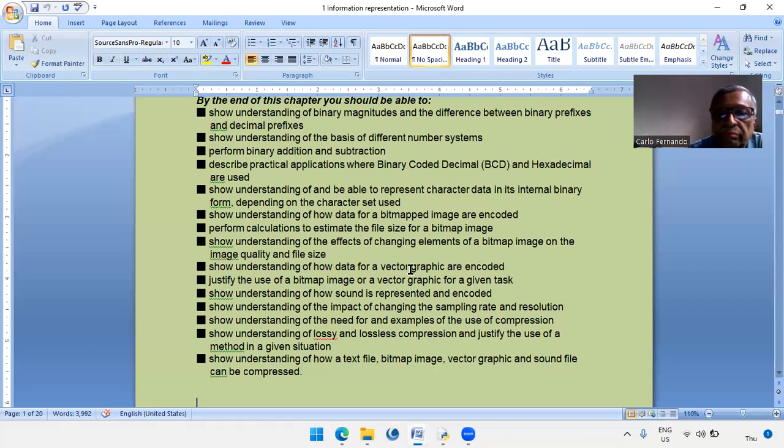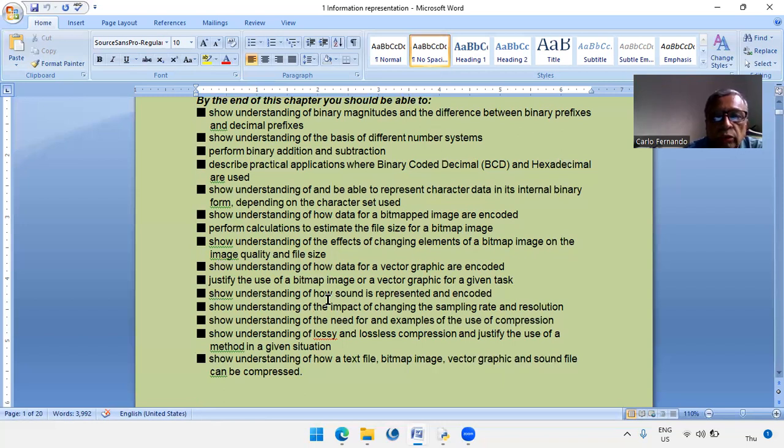So that is the other type of graphic. First bitmap, then vector. Justify the use of a bitmap image or a vector graphic for a given task. What does that mean? You can select either bitmap or vector graphic, but you have to justify, means you have to give reasons for using bitmap in preference to vector. Or if you're using vector, then why you are using vector graphic.